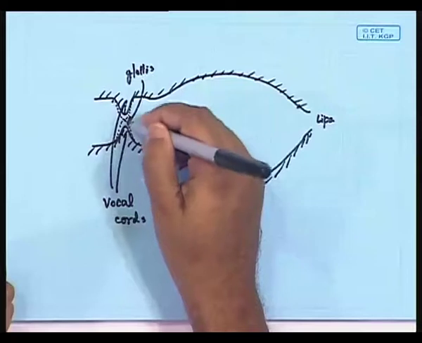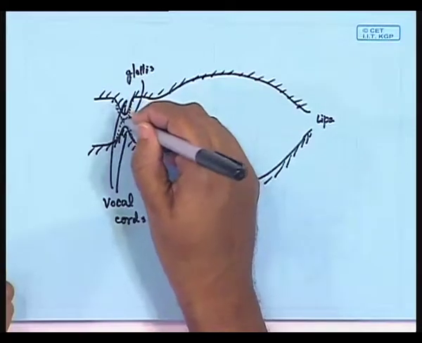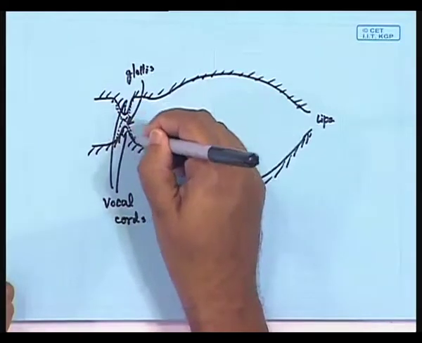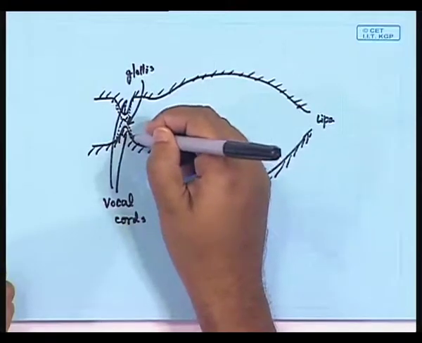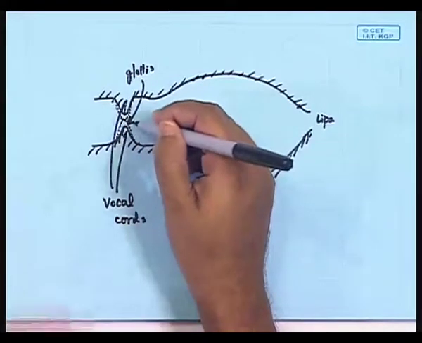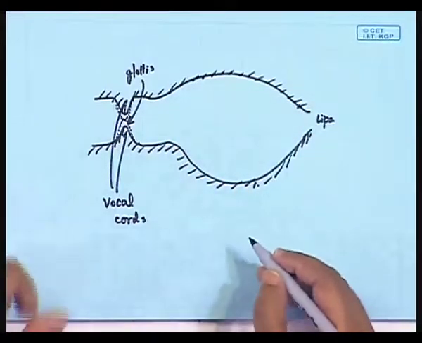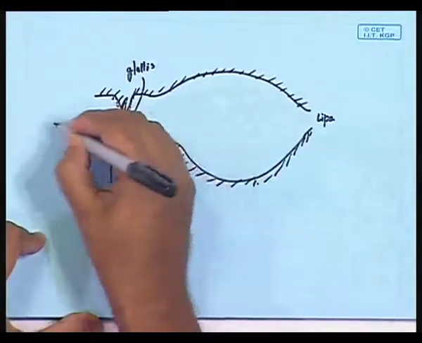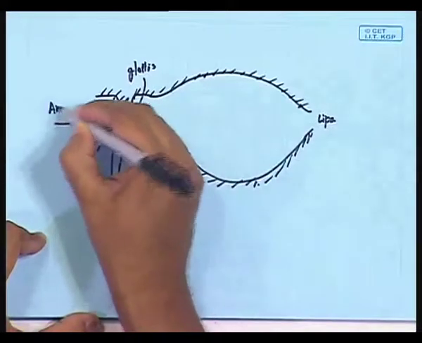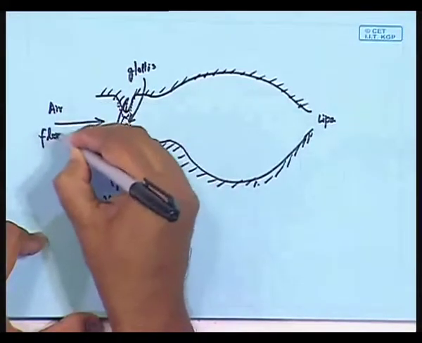As a result of the vibration in the vocal cord, this is how the glottal passage may get closed, and then again the glottal passage can be opened. So it is a quasi periodic opening and closing of the glottal passage that I was talking of, and here we have the air flow from the lungs.